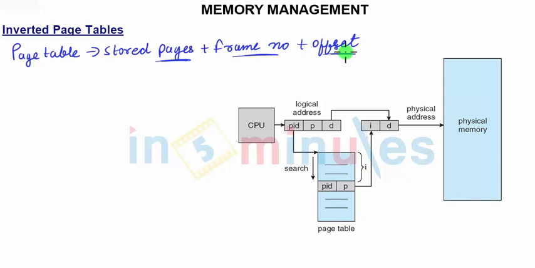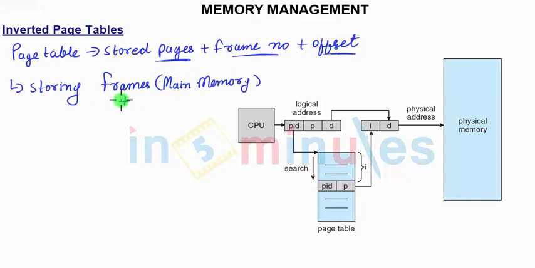This is slightly reversed by IBM and some other manufacturers, where instead of storing those pages which have been addressed, we are now storing frames from the main memory plus offset for each frame, the page ID and page owner ID.